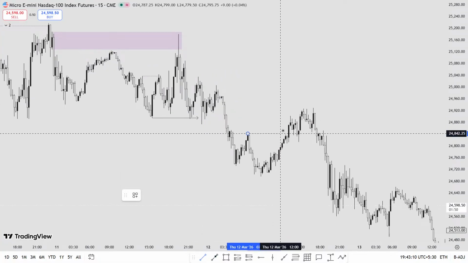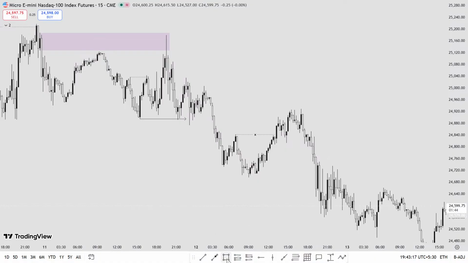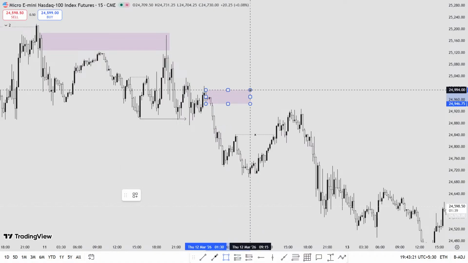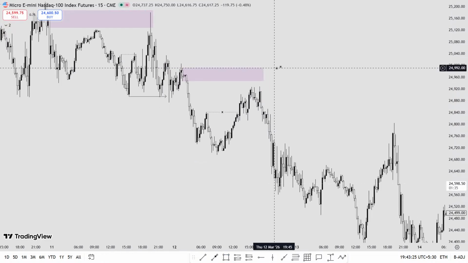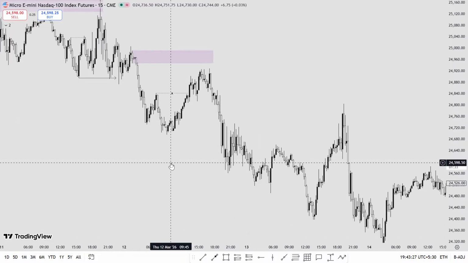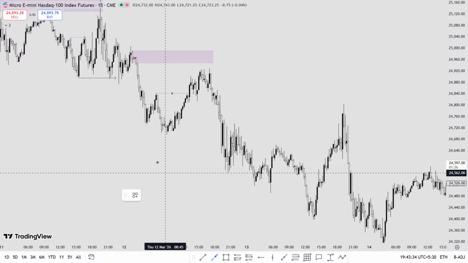Marking liquidity, which is investment, then identify POI, which is this one. So market didn't tap there. What happened? Yep.